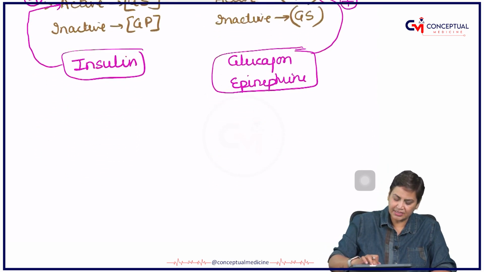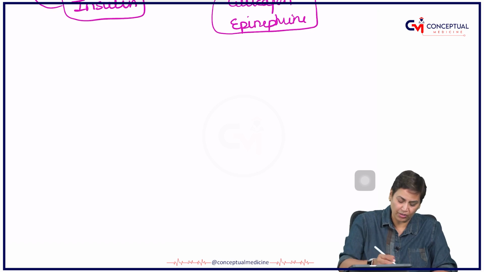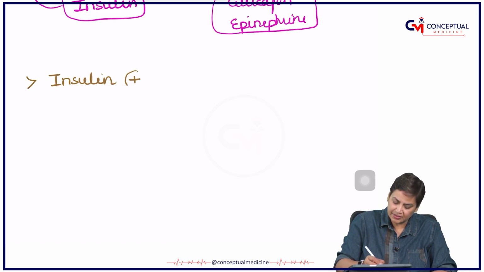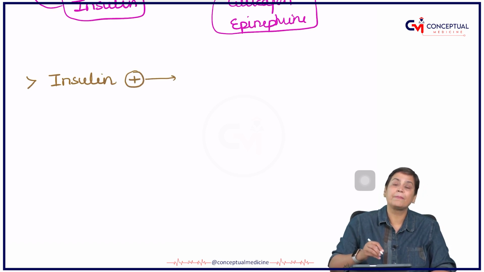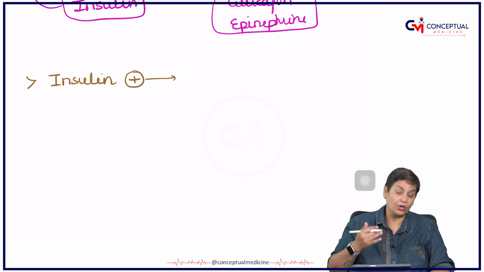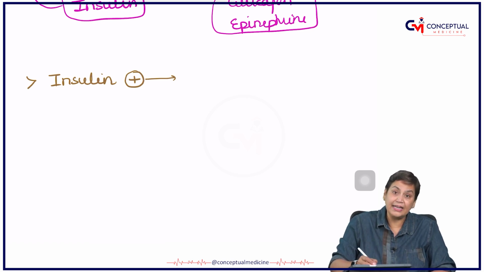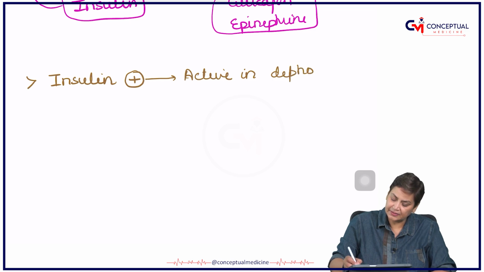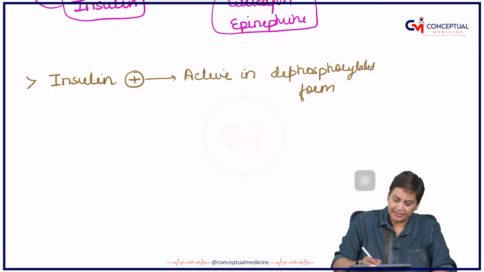Okay. So I can just summarize everything at the level of hormones. Insulin is a hormone which always promotes the rate limiting enzymes which are active in their dephosphorylated state.